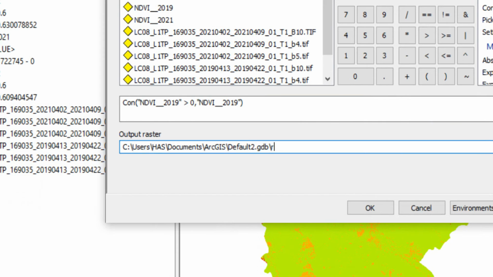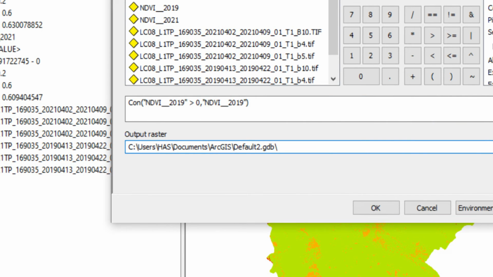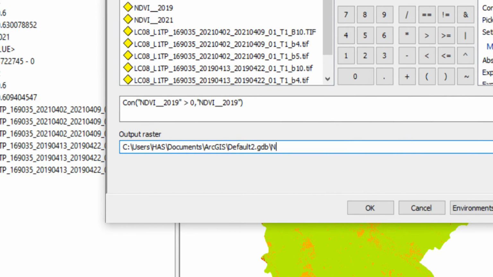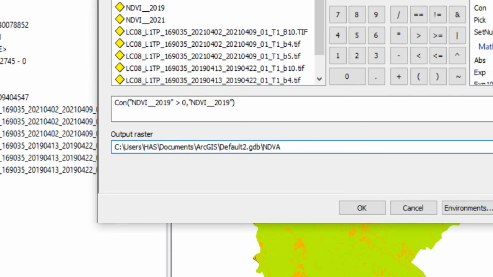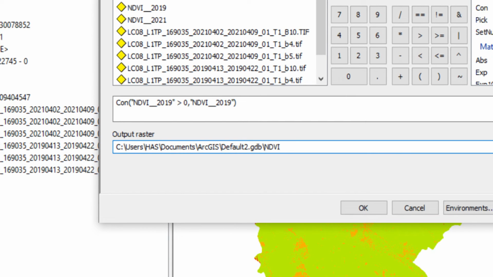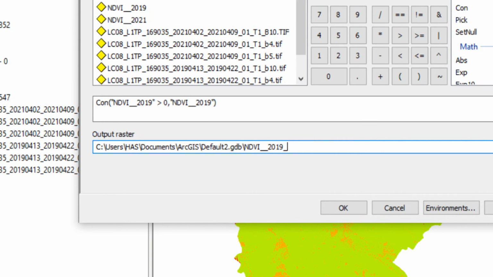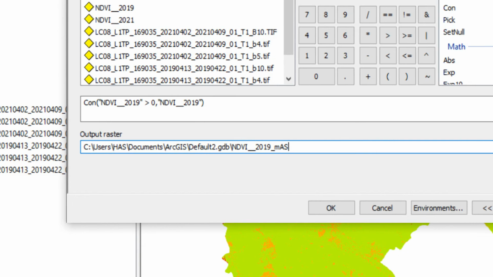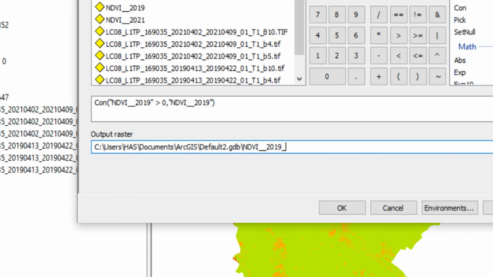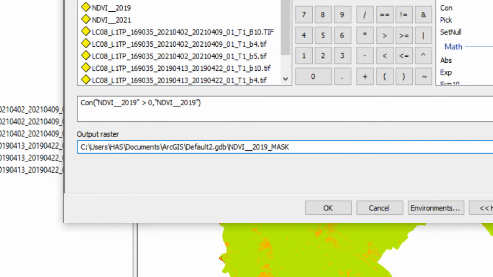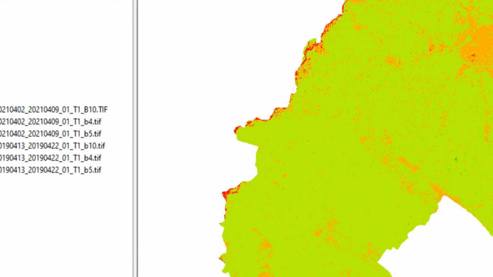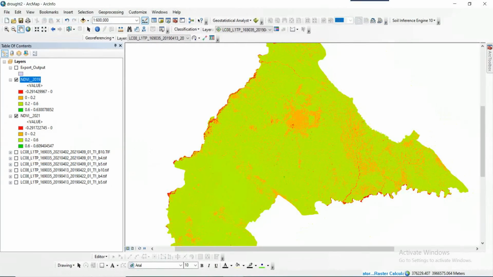So we can name this NDVI 2019 mask. It's a process of masking the NDVI.